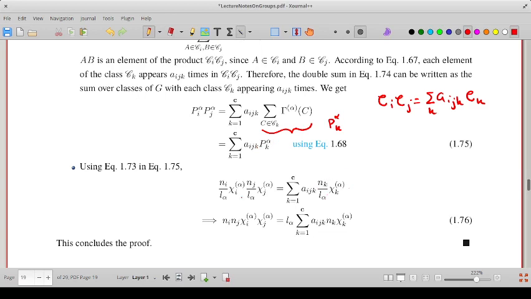So that equation is satisfied only if this number on the left hand side is equal to this number on the right hand side.